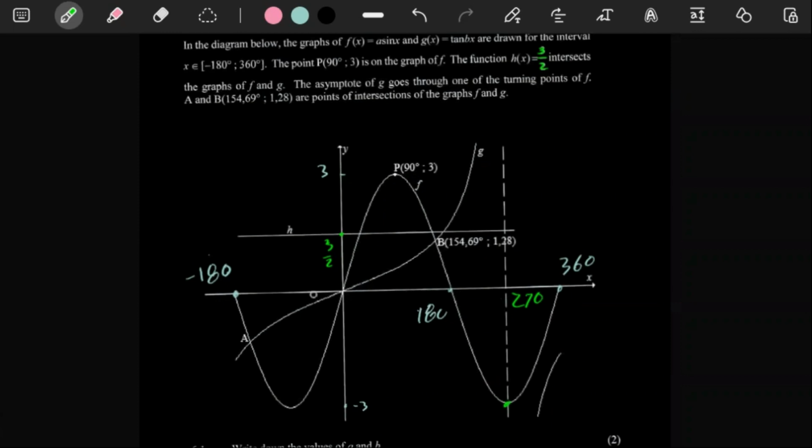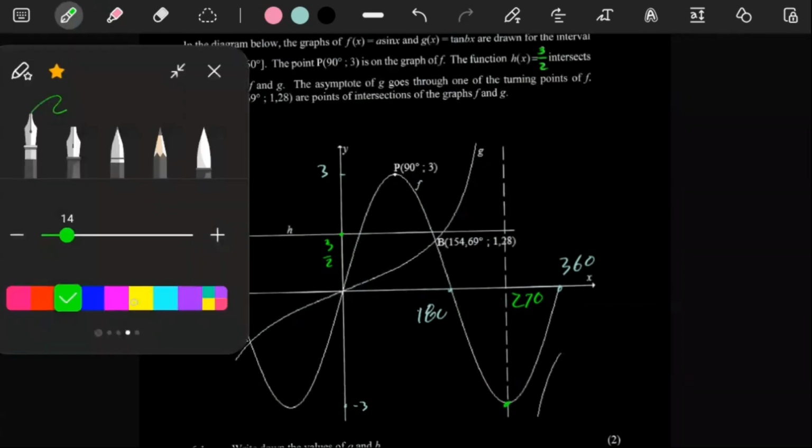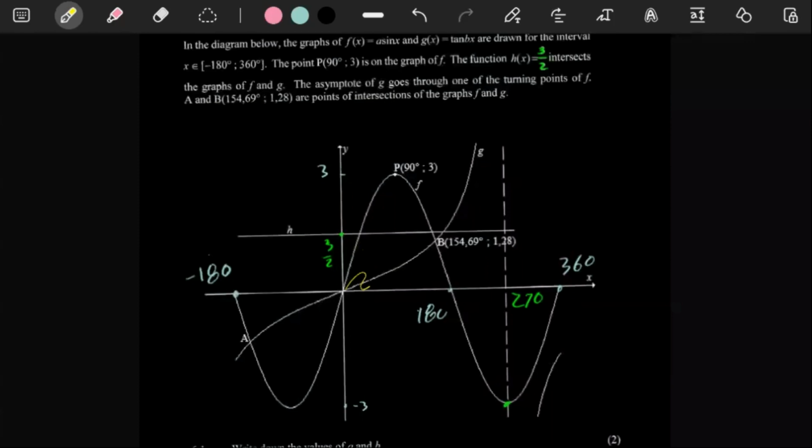So you would see another full tan graph this side, meaning that your other asymptote would be somewhere here at negative 270. That's just the dynamics of this image. You want to take note of those kinds of things because we definitely need them.